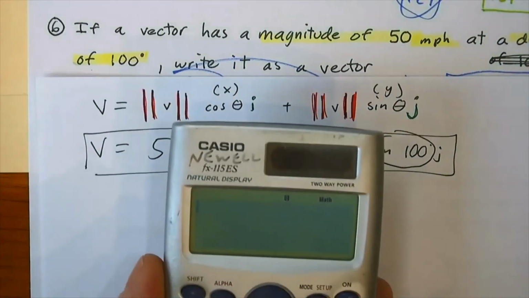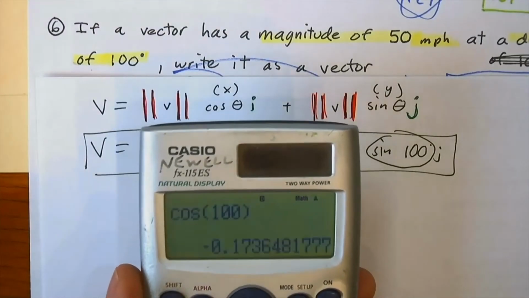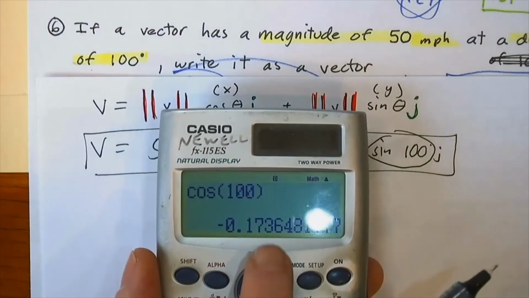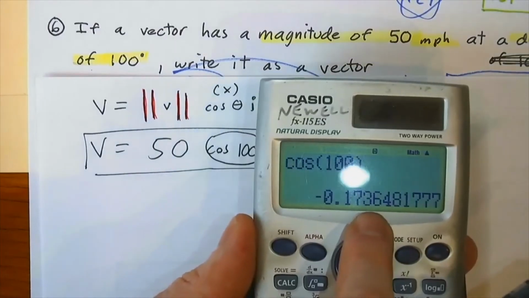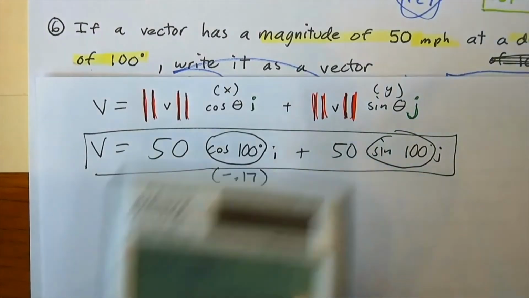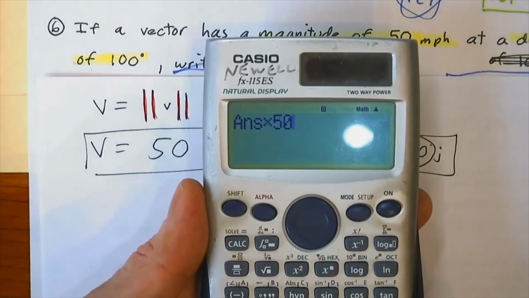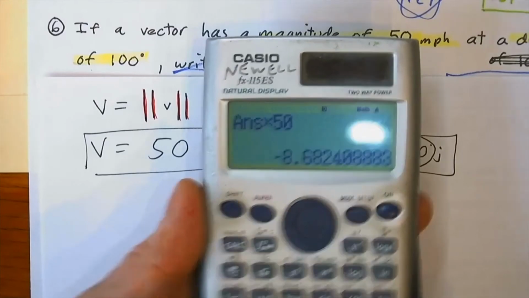So what is cosine of 100? I hit cosine of 100. I'm in degrees. And I got negative 0.17. And I have to times it by 50. I'm not going to round it off yet. I'm going to multiply before rounding. Negative 8.6.